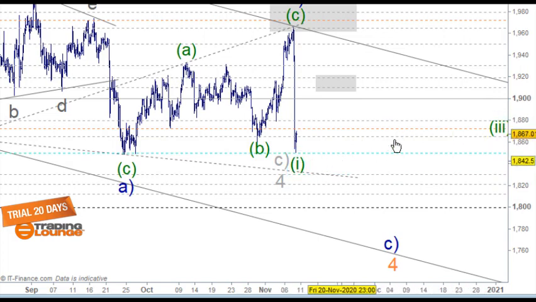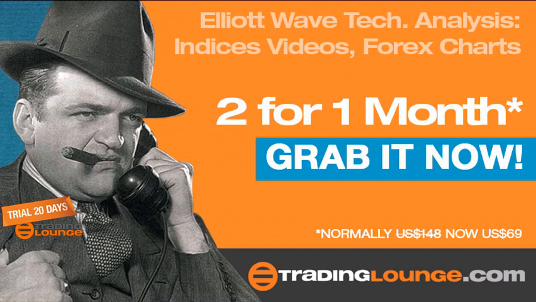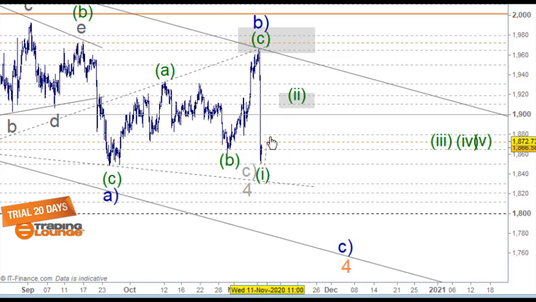So we could put wave 1 here, wave 2 here. We would be looking for an A, B and C wave here, and then down for the 3rd wave, 4th wave and 5th wave looking down here.